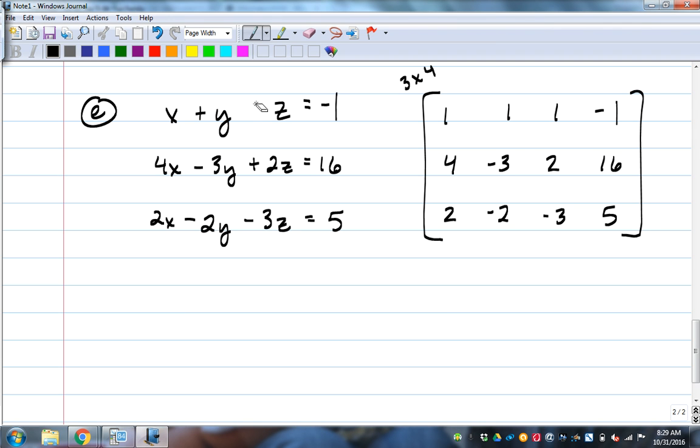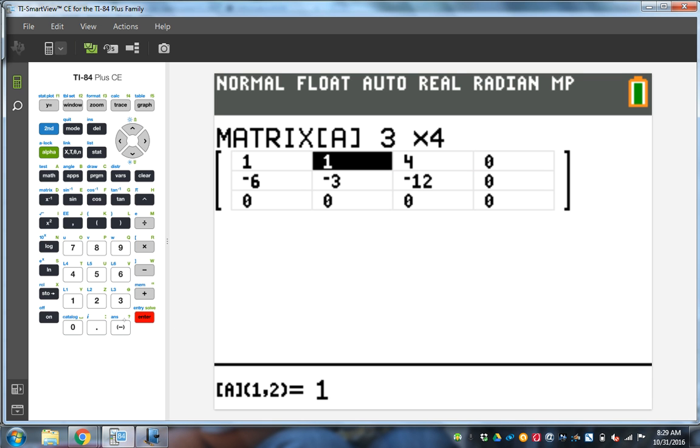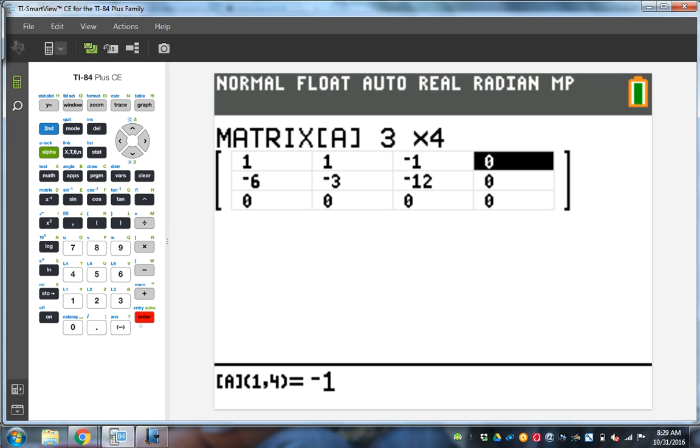Guys, back up. That's supposed to be a minus z on the top. I didn't even copy the problem. The top row should be a minus z, so that makes it a negative 1 in that spot. Negative 1. There we go.